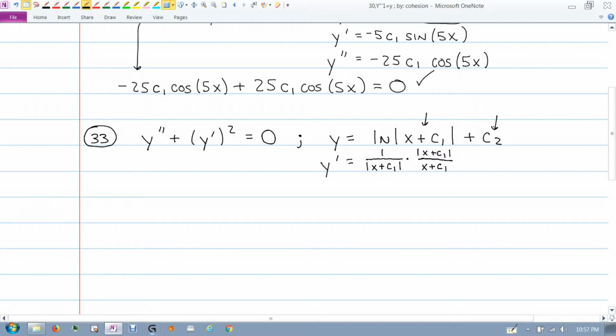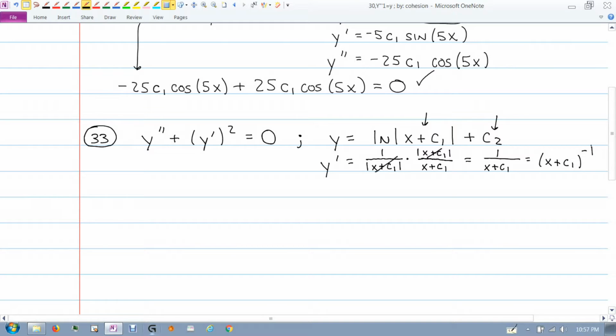And then when you take the derivative of c sub 2, it is 0, so you don't need to worry about that. Notice that these cancel, and you just get 1 over x plus c sub 1, which is the same as x plus c sub 1 to the negative 1 power.